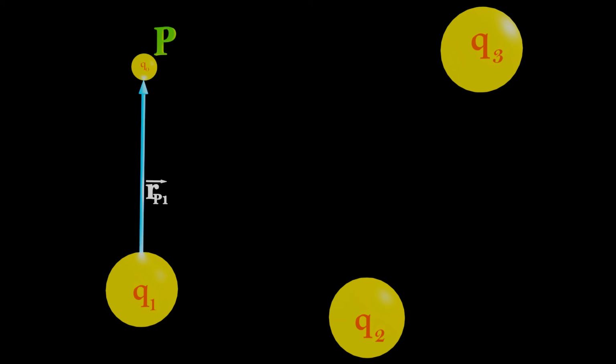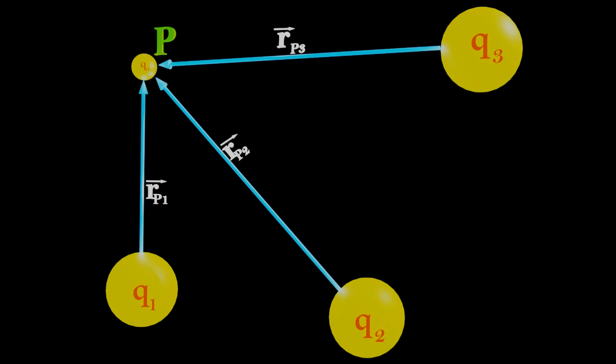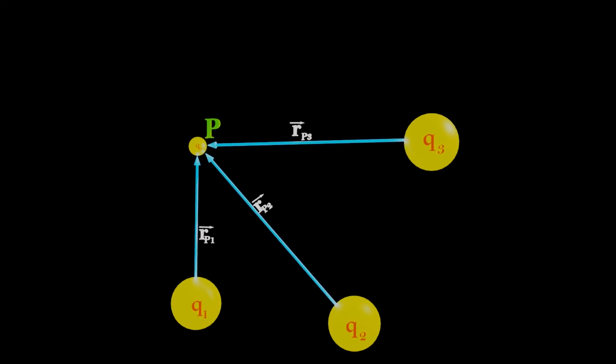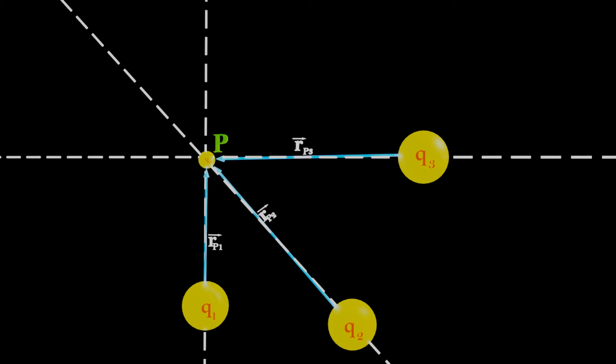Similarly, we will denote the displacement of point P from Q2 and Q3 by vectors Rp2 and Rp3 respectively. We know that the electric field will be along the line joining the charges. Therefore, due to Q1, an electric field intensity E1 will be at point P. Similarly, electric field intensities E2 and E3 will be at point P due to Q2 and Q3 respectively.